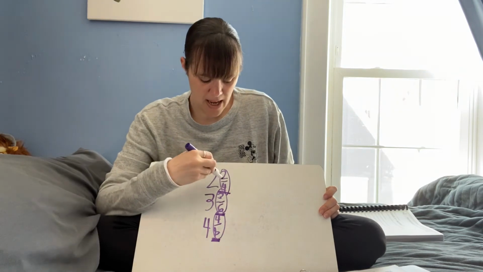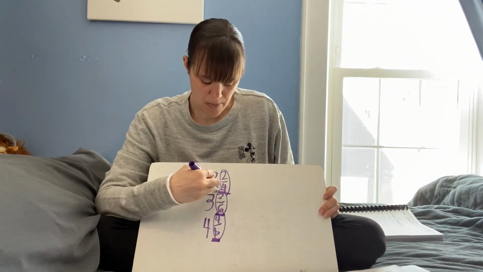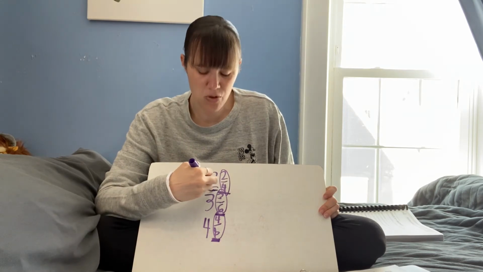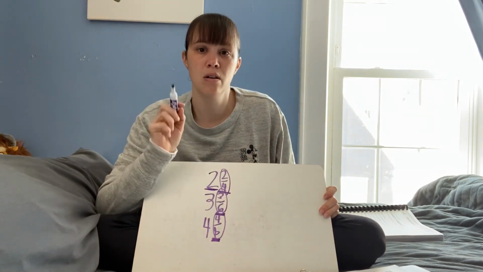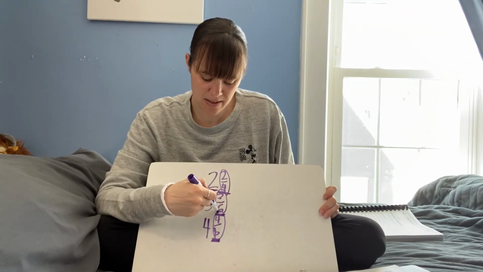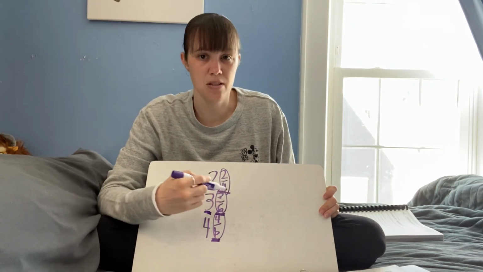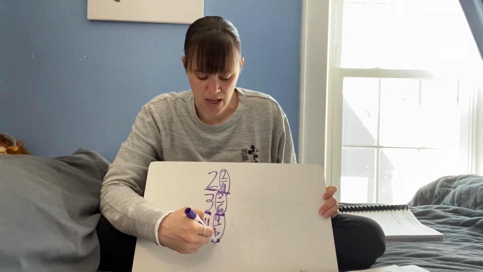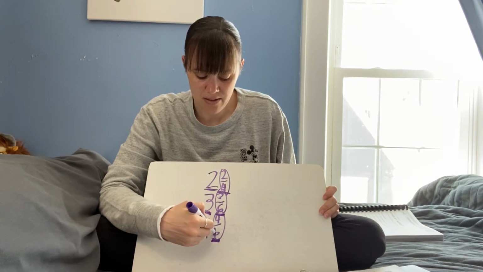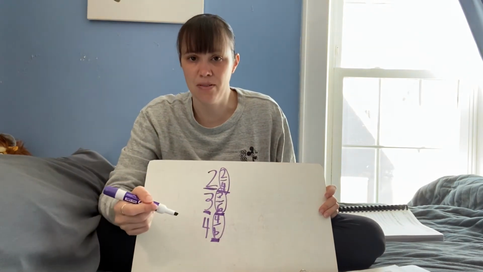So when I added fourths, I ended up having the whole number of 2. What's half of 4? 2. When I added my sixths, I ended up with a whole number of 3. Half of 6 is 3. When I added eighths, what's half of 8? 4.